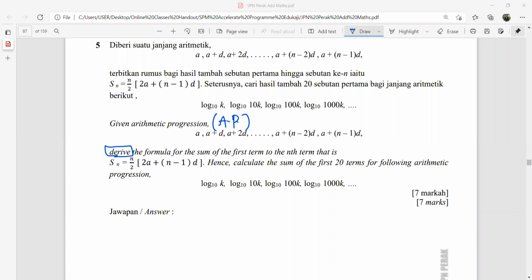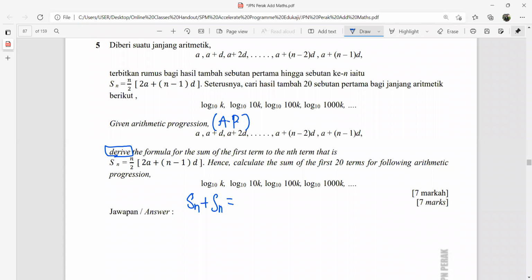So very simple. You take Sn plus Sn. You start with this, Sn plus Sn, this method. They ask you to prove, right? So I need you to see carefully how to add up together and prove it.